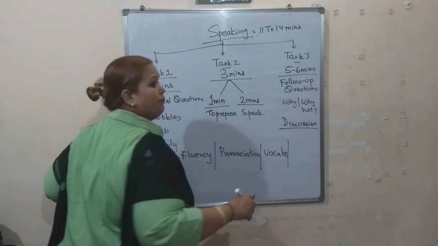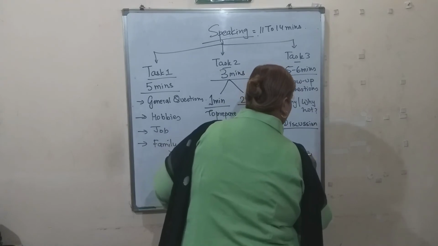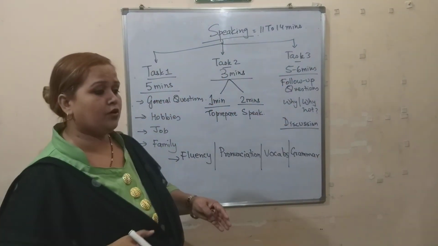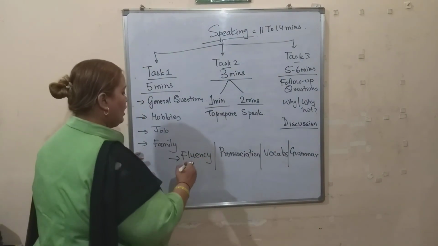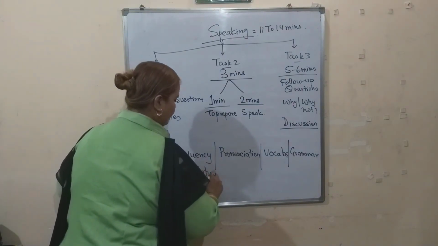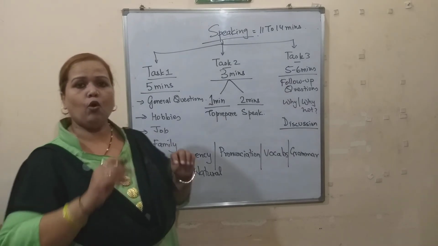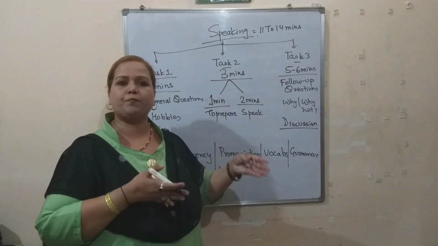They even see what type of grammar you use, how good you are in tenses, whether you are speaking in the correct tense, past, present or future. Overall, the examiner wants to know how natural you are in speaking. So overall, on this you are being judged in speaking.